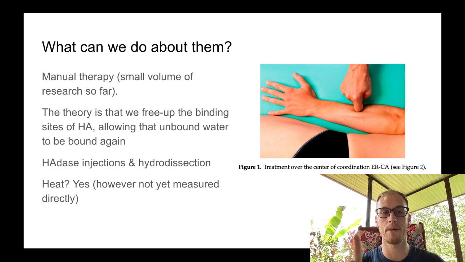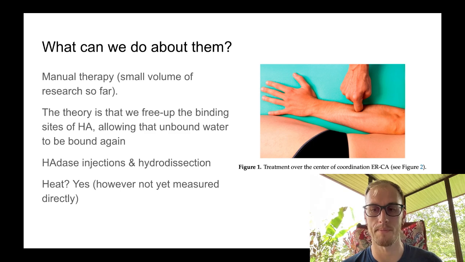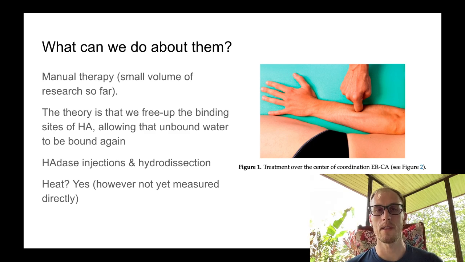Okay, so manual therapy is one of the things that we've seen so far that helps. Another thing that we've seen that helps is hyaluronidase injections. Hyaluronidase is the enzyme that basically breaks down hyaluronic acid into smaller chunks.